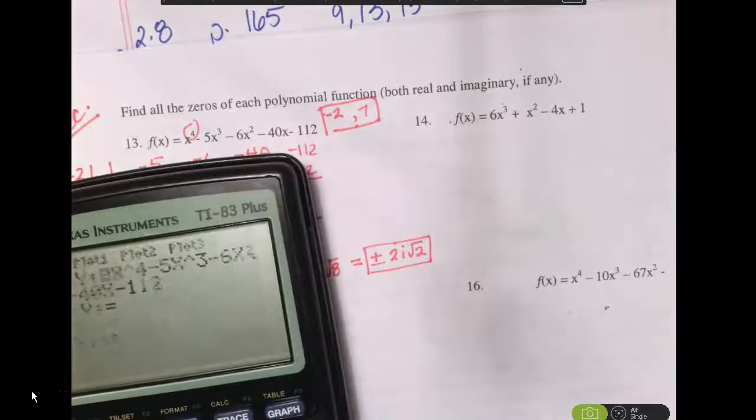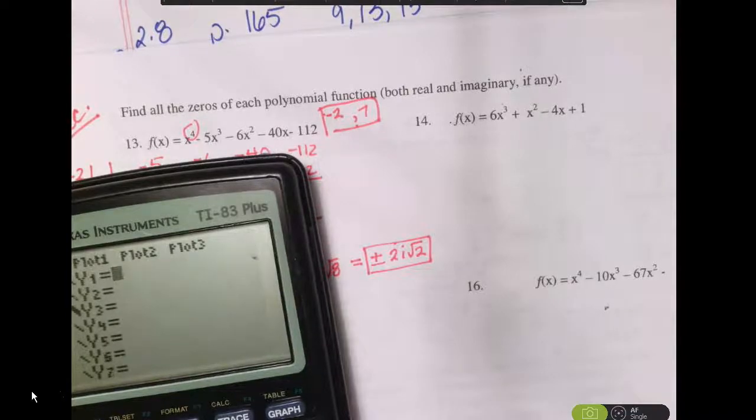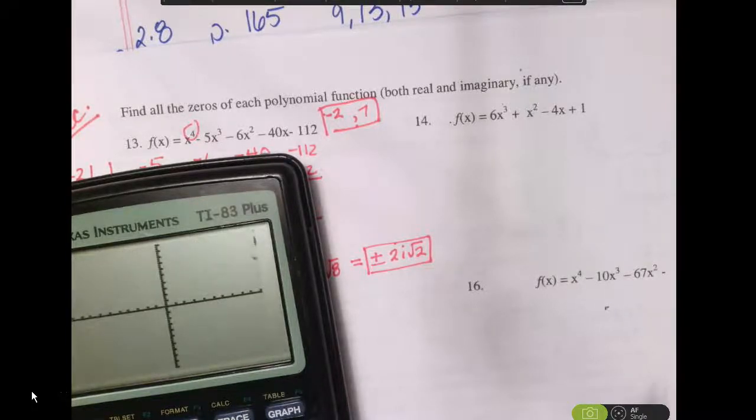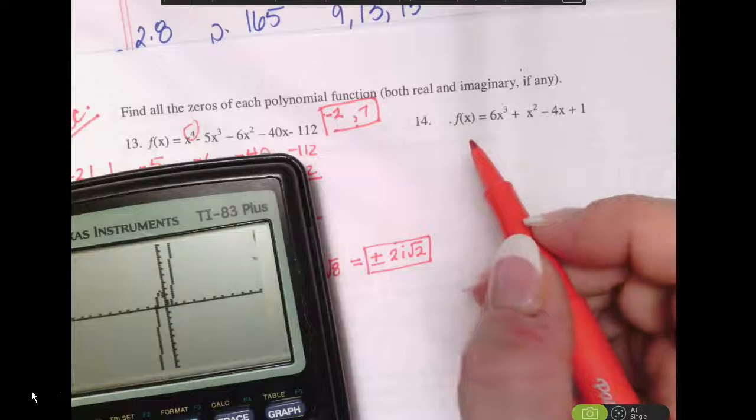There's no GCF that can come out of there, so I am just going to graph that. 6x cubed plus x squared minus 4x plus 1. And let's graph it and see what happens.